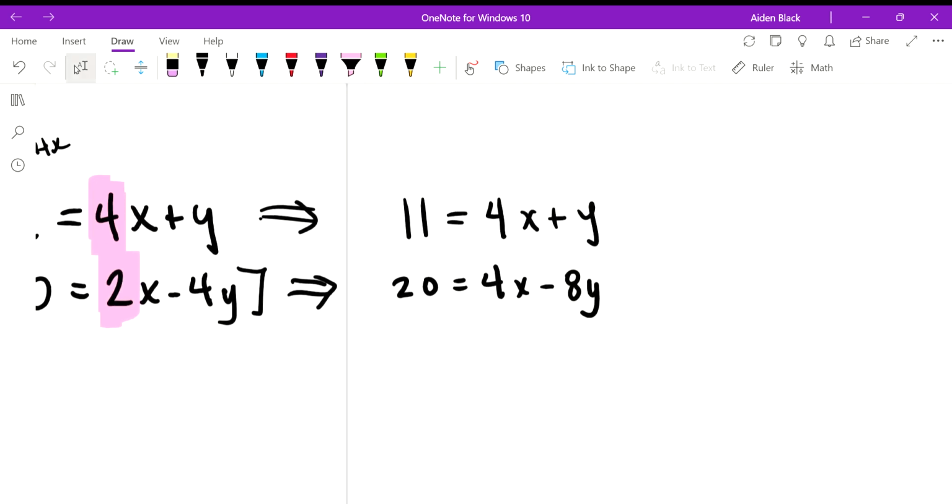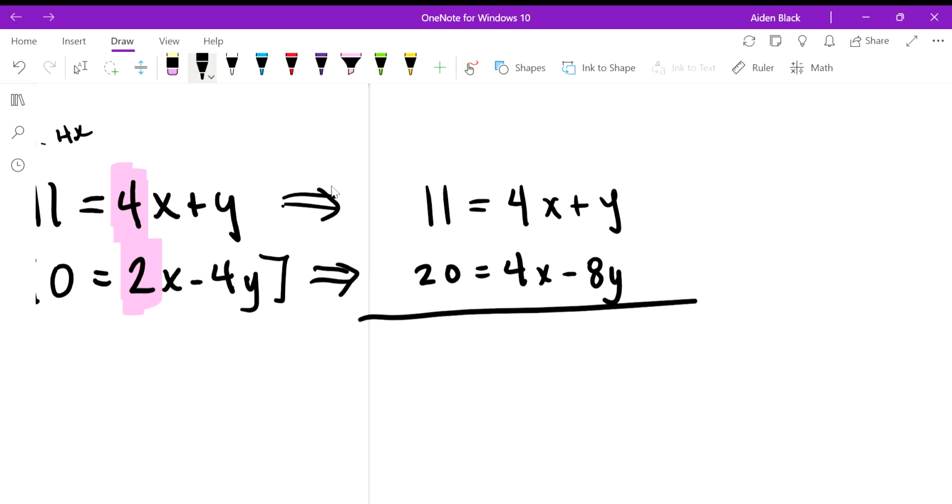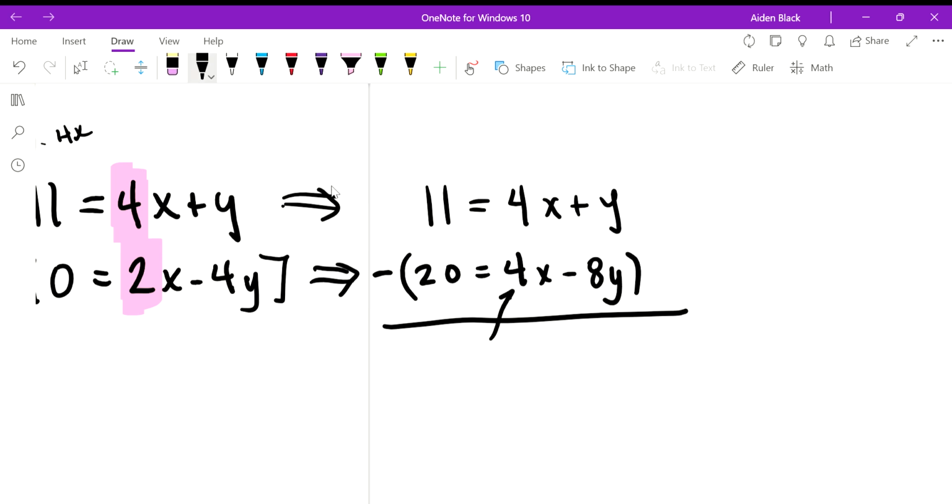So now I'm able to eliminate. You can either add or subtract one equation from the other. In this case, I want to subtract because 4x minus 4x equals 0. And that's the goal here, to get rid of either the x or the y. In this case, we could get rid of the x.